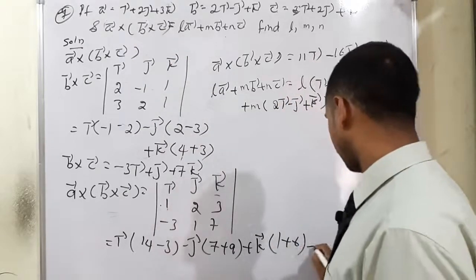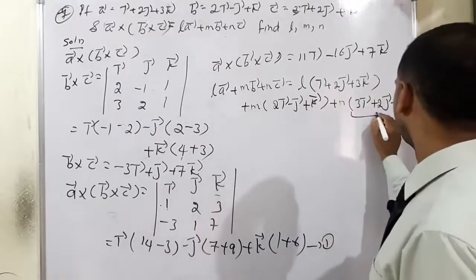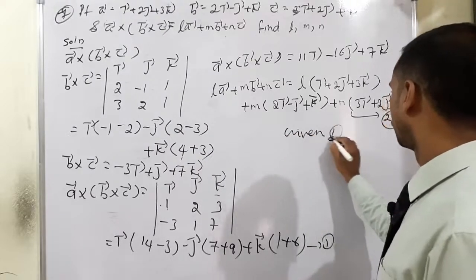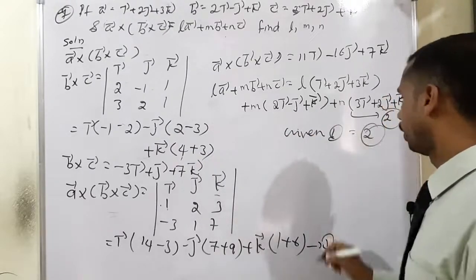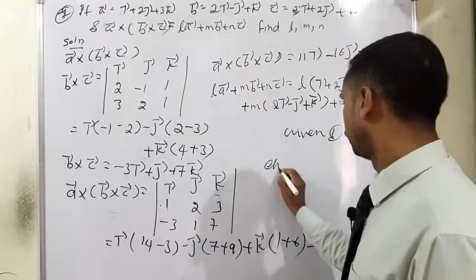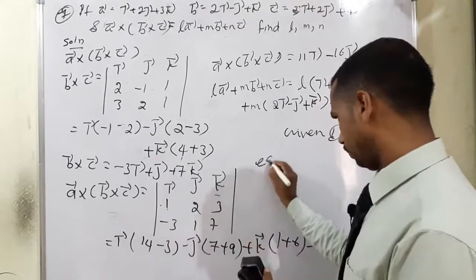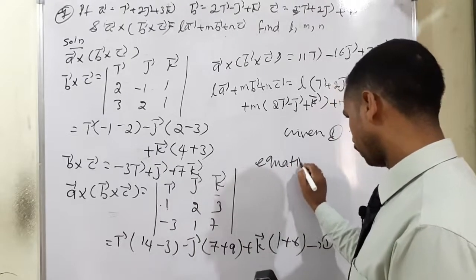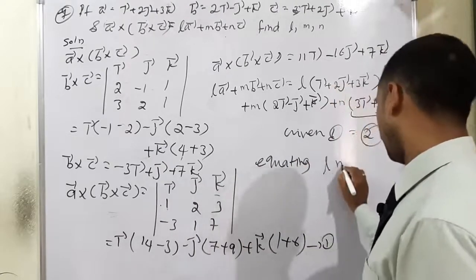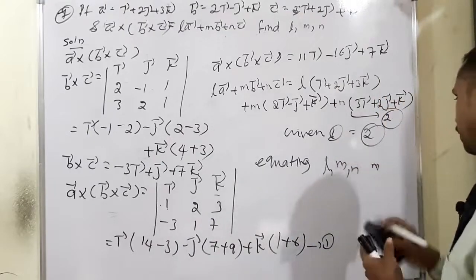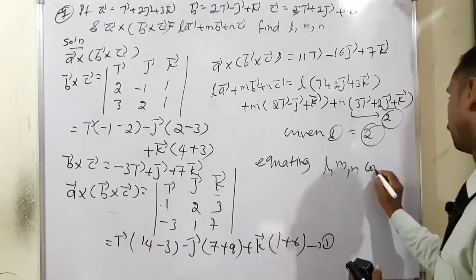So this is equation number 1 and this is equation number 2, meaning equation 1 is equal to equation 2. Therefore, equating the L, M, N components.